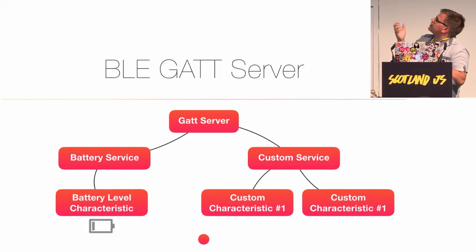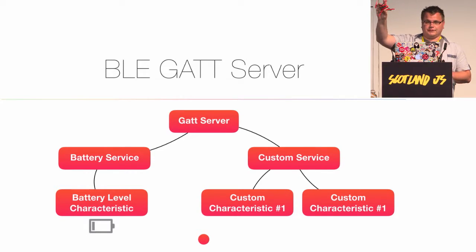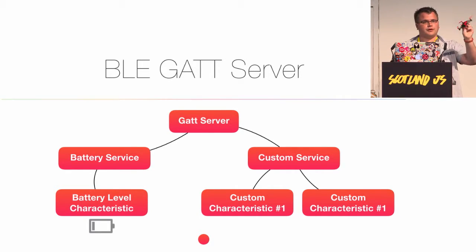So this is within BLE, within a device. Let's take my Parrot drone. This is a BLE device. Within this, there's something called a GATT server, and within that GATT server you have services. One service would be your battery service to tell you how much juice is in my battery.